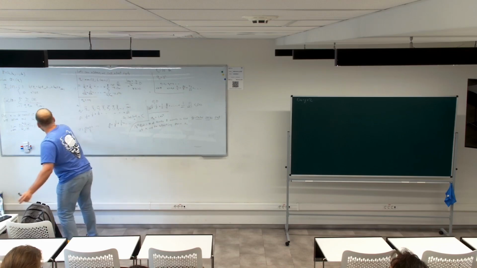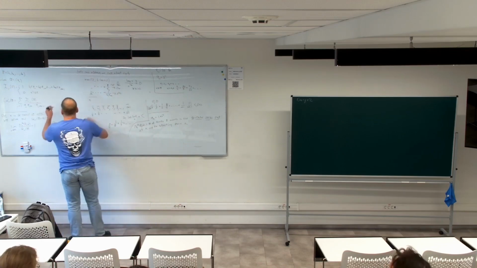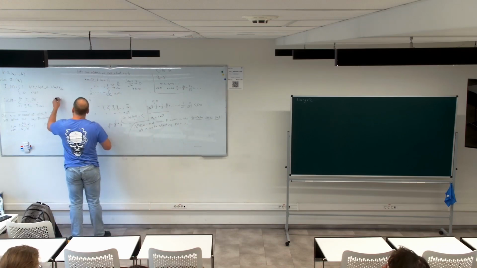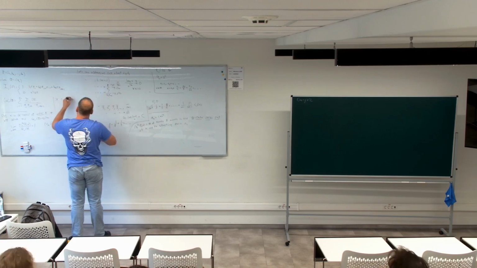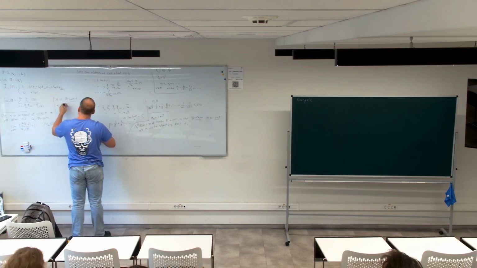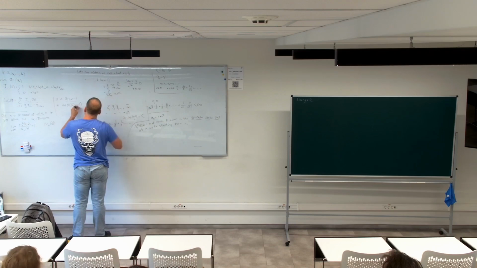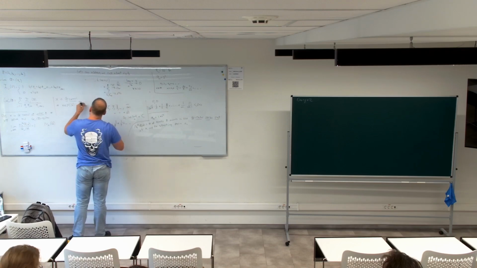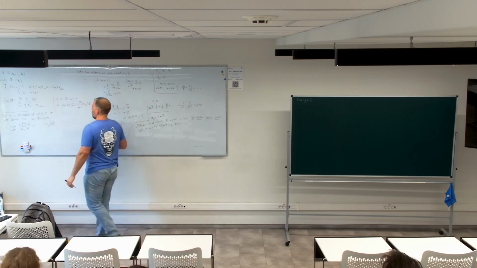And then we say that x is q normal if x is a member of n of q, which we define to be equal to the intersection from k equals 1 to infinity of nk of q.